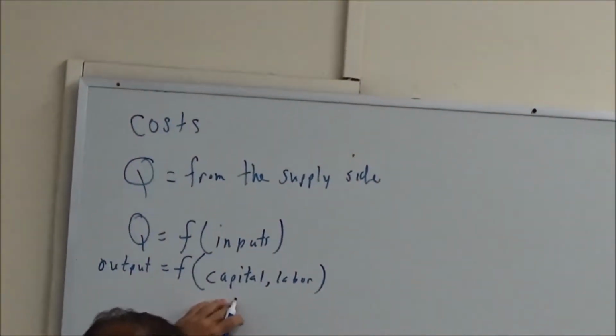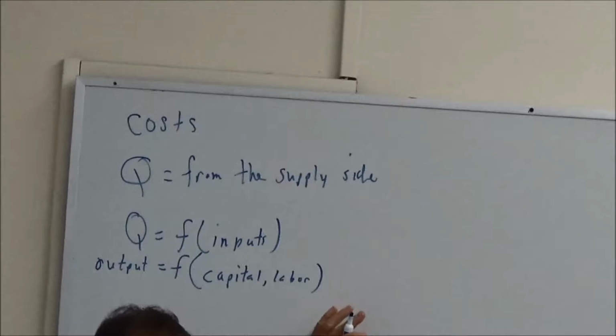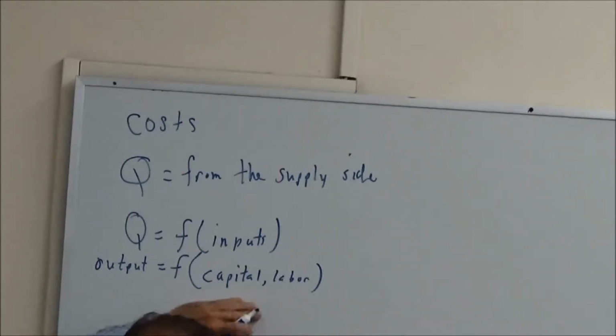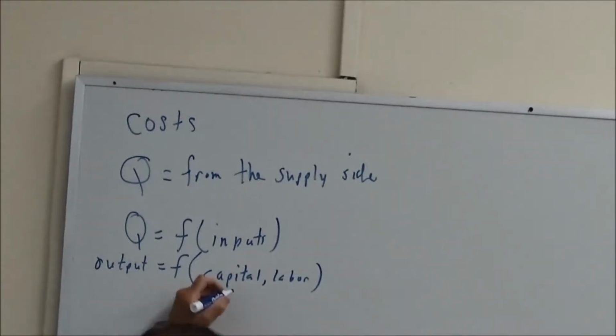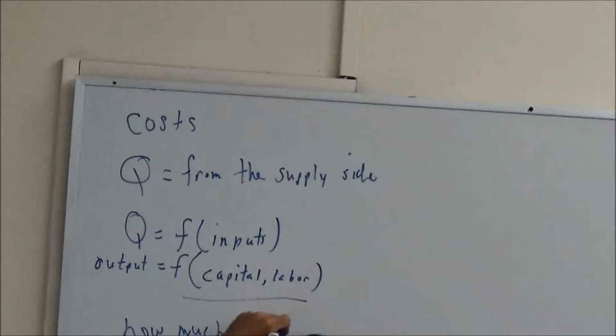So there's a cost to capital and a cost for labor. So the output is a function of the input. The whole point of what we're doing here is to look at how much these inputs cost.